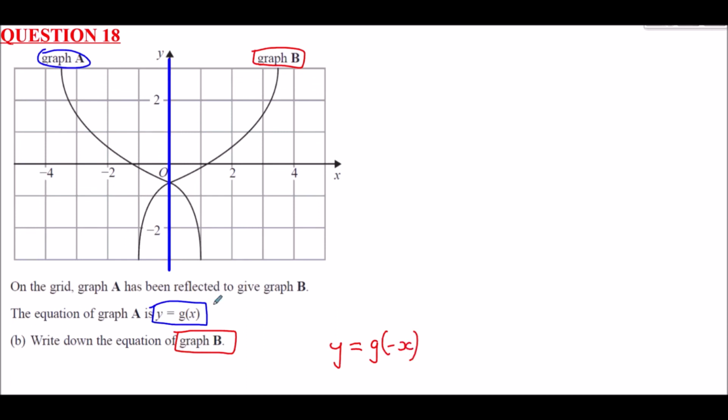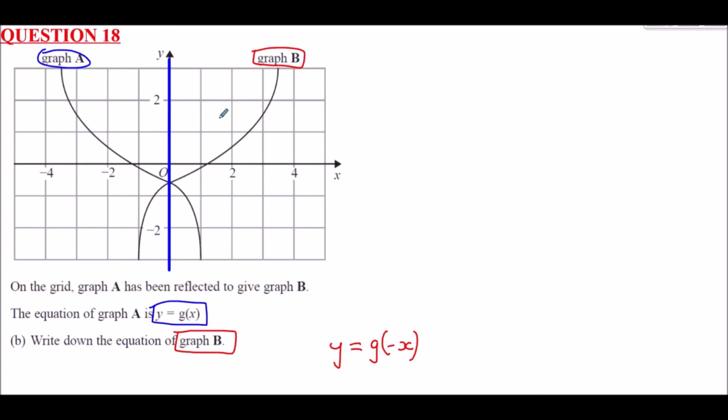To go from f of x to f of minus x, or from g of x to g of minus x, it's a reflection of the function in the y-axis. And again, if you look here, the change happens inside the brackets. So rather than x being multiplied by 1, we can think of each x value being divided by minus 1.